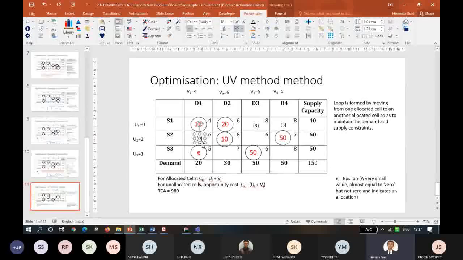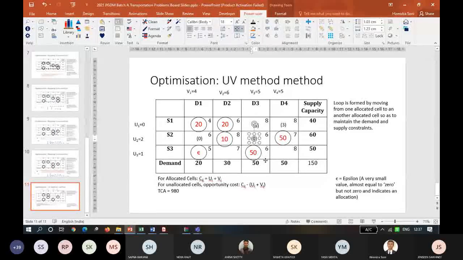Let us look at the next. Are you guys following it? Yes, sir. Okay. For this, 6 minus 2 plus 5, 7. 5 plus 2 is 7. So 6 minus 7 is minus 1.